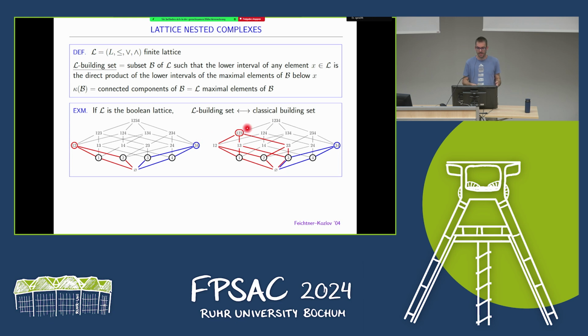Okay? But now if I would have started from this set, so 1, 2, 3, and 3, 4, and look at 1, 2, 3, 4, then the Boolean lattice below 1, 2, 3, 4 is not the product of the red and the blue. So if I take 1, 2, 3, and 3, 4, I also have to take 1, 2, 3, 4, and this is the usual definition that we know for Boolean building sets.